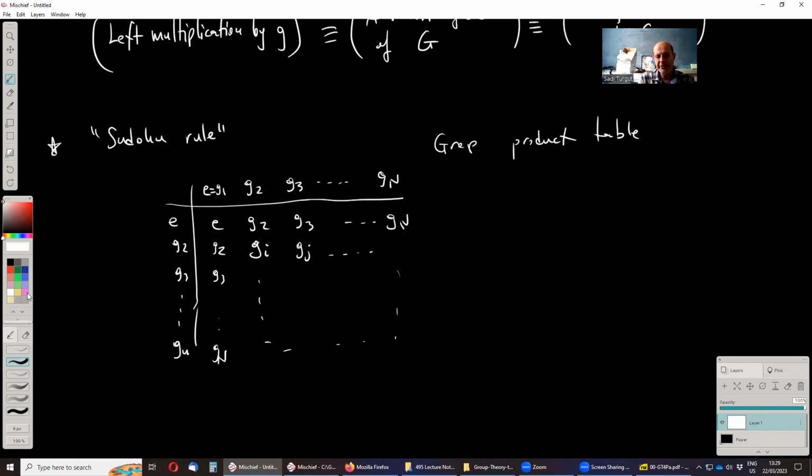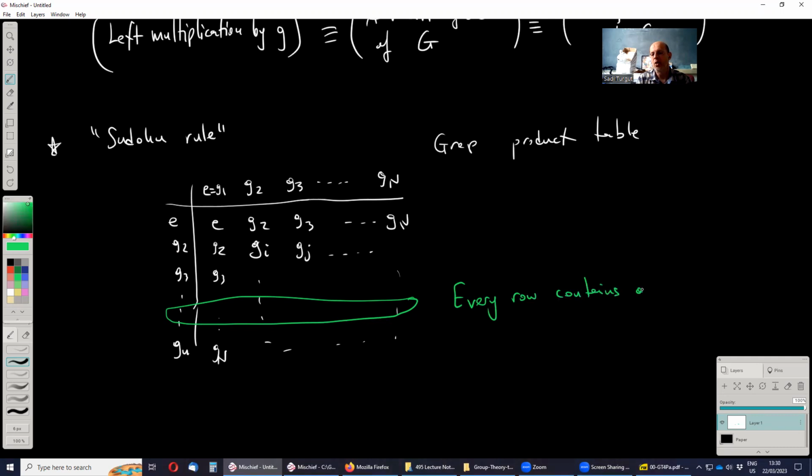So what the rearrangement lemma says is that every row here contains all the group elements, but in a different order. So as a result, the identity appears somewhere in here, for example.